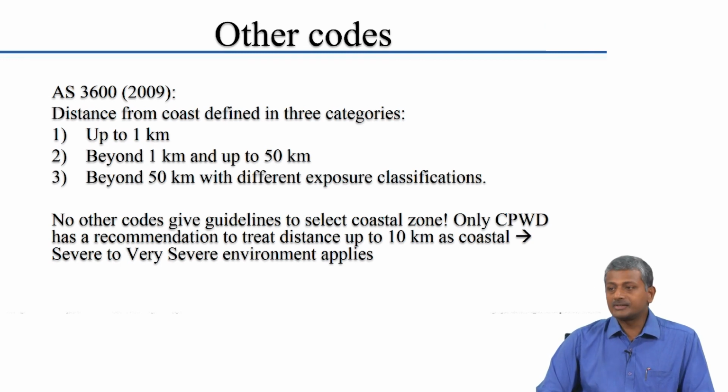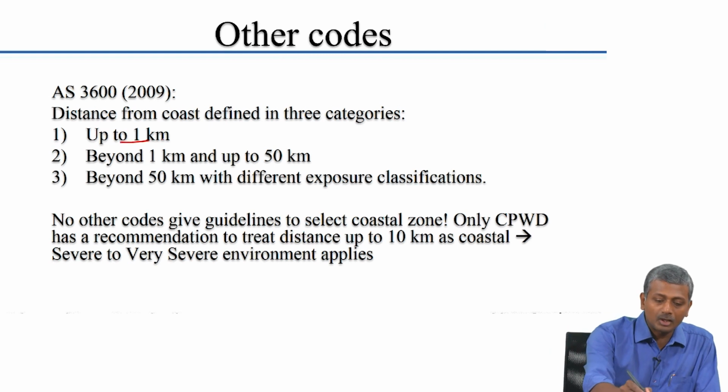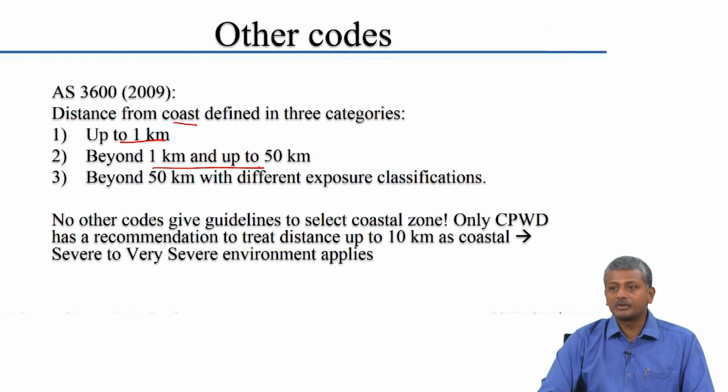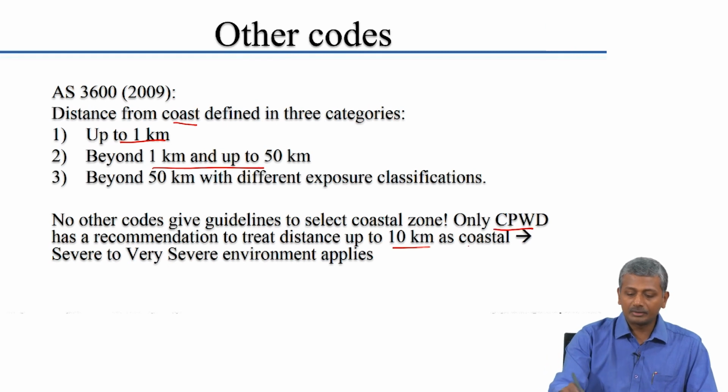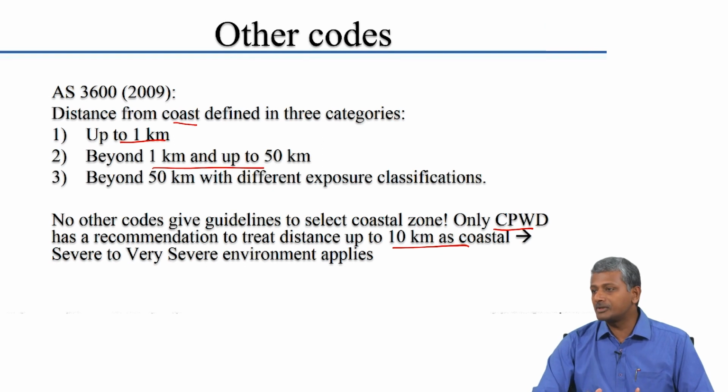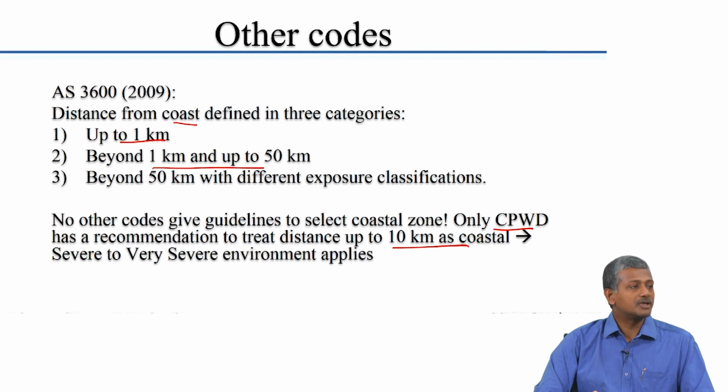For example, the Australian standards describe that up to 1 kilometer there is one environment, coastal environment, between 1 and 50 kilometers is a secondary coastal environment, and beyond 50 you have an inland environment. And again CPWD talks about 10 kilometers from the coast as a coastal zone. That means within 10 kilometers, as per IS 456, all our structures come under the severe category of exposure.